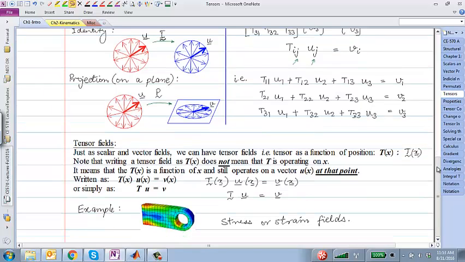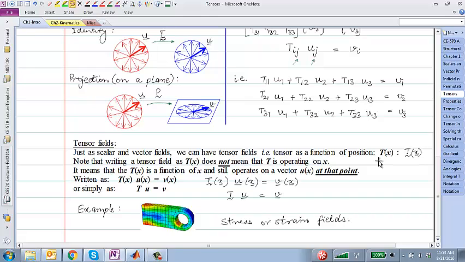A couple of notational things as well. We are going to represent a tensor field as a tensor T associated with a point X, kind of like a function of point X. This does not mean that T is acting on X. A tensor T acts on a set of vectors U at that point.